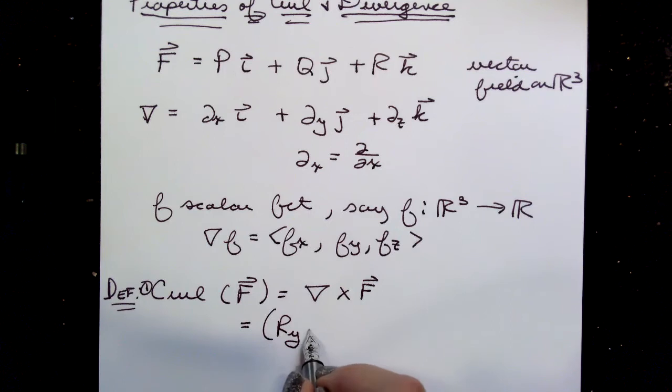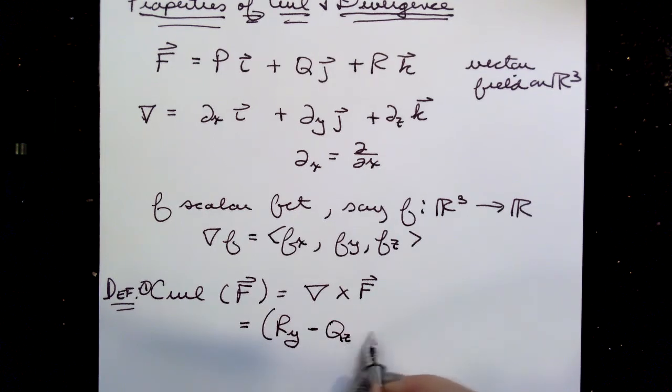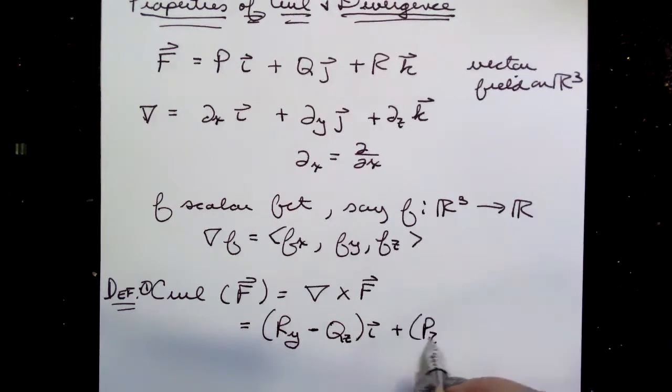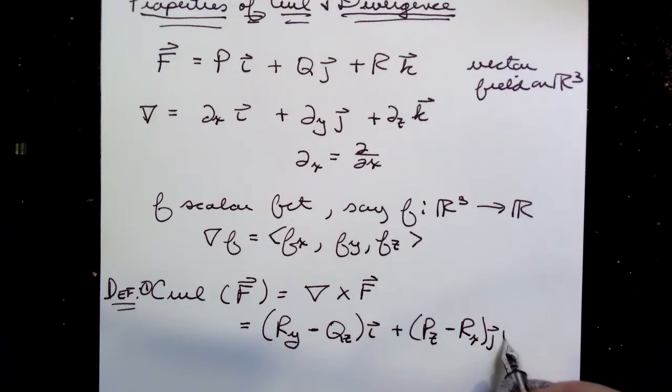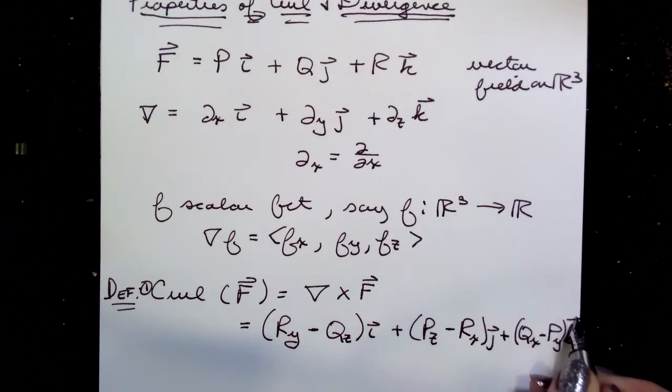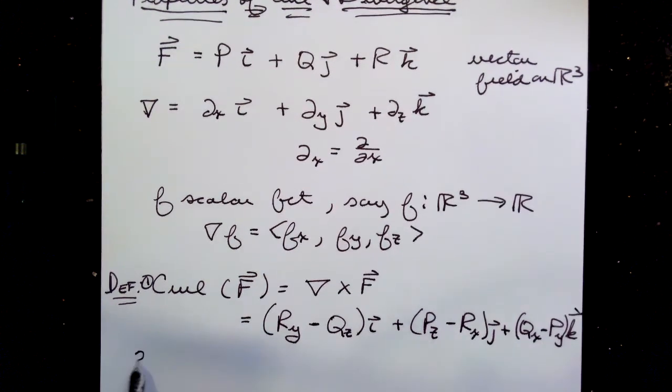You get R sub y minus Q sub z in the i component. You get P sub z minus R sub x in the j component. And in the k component, you get Q sub x minus P sub y. All right, so that's the curl.